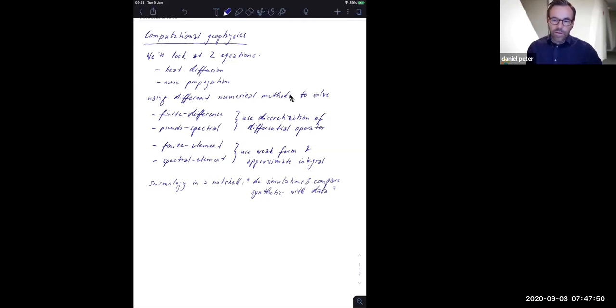So if you want to put it in very simple words, that's seismology. So we do computations, compare those with the data we measure, and hopefully then advance our knowledge about the Earth. Good. So that's basically just a quick intro into the class, what we want to do.